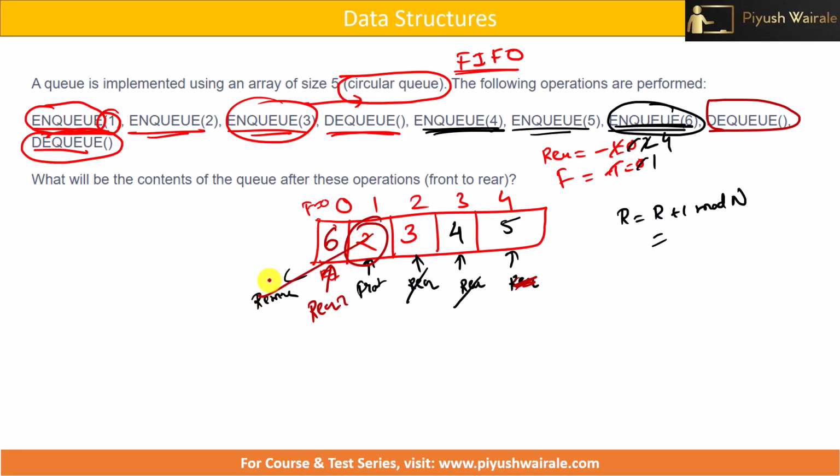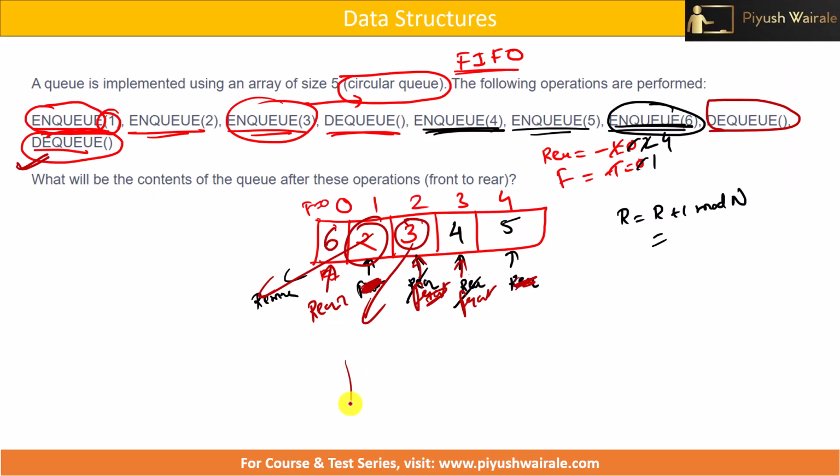Now my front will be here. Again a DQ operation, again we have to remove the element. So again we have removed this one. Now the front becomes this one.